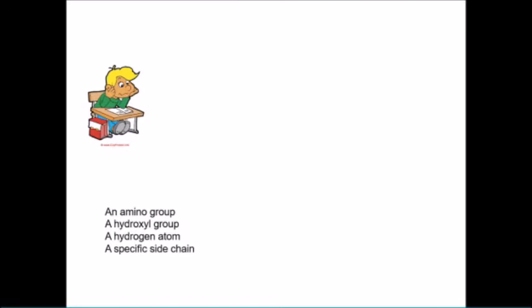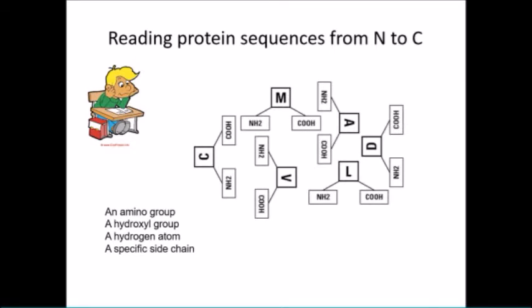Let's take a look at 4 different amino acids, like C, M, V, L. These amino acids have, as we said, an amino group like this one here, a hydroxyl group like that one here, and of course a hydrogen atom, which is not shown in this picture, but there is a hydrogen atom in all these amino acids, and a specific side chain, which is specific for each amino acid.